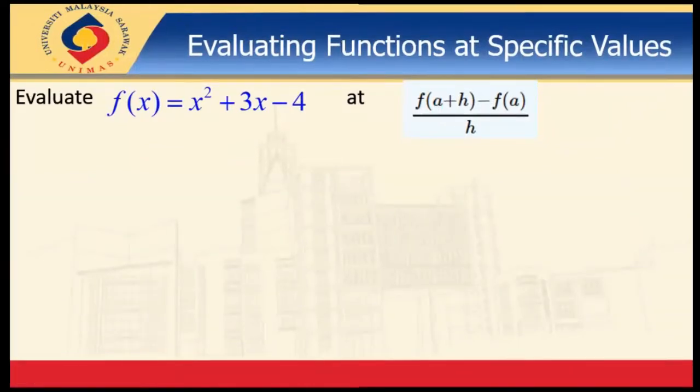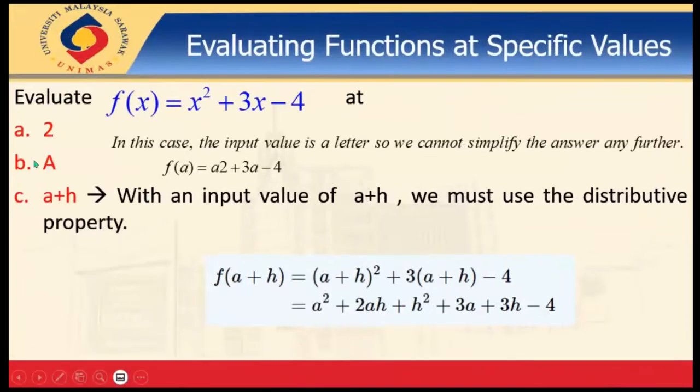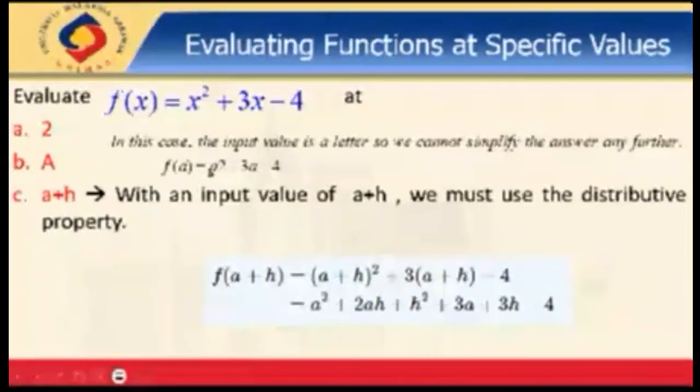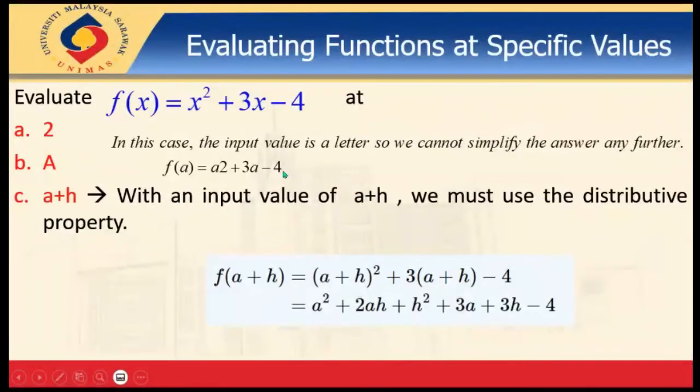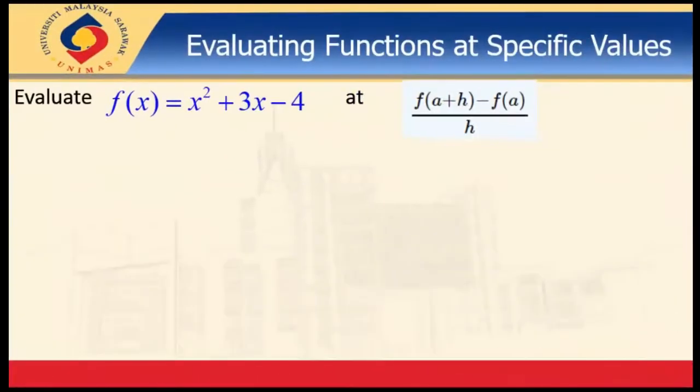In the same way, here we have f of a. So f of a is equal to a square plus 3a minus 4, right? So we have f of a plus h and we have f of a. So just put the two answers: f of a plus h minus f of a, divided by h.